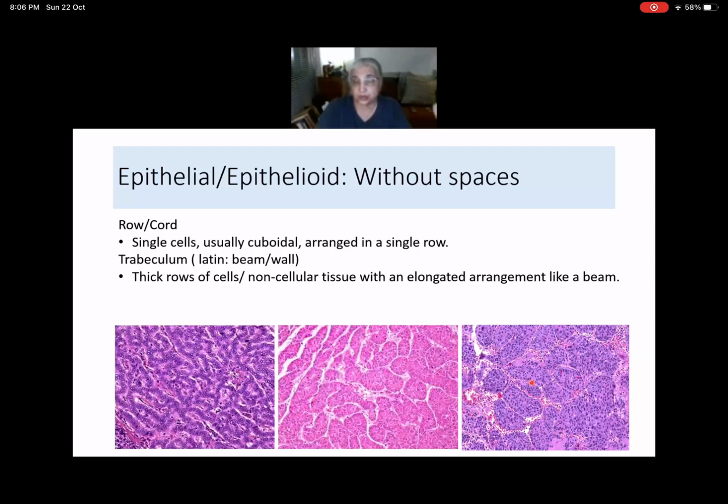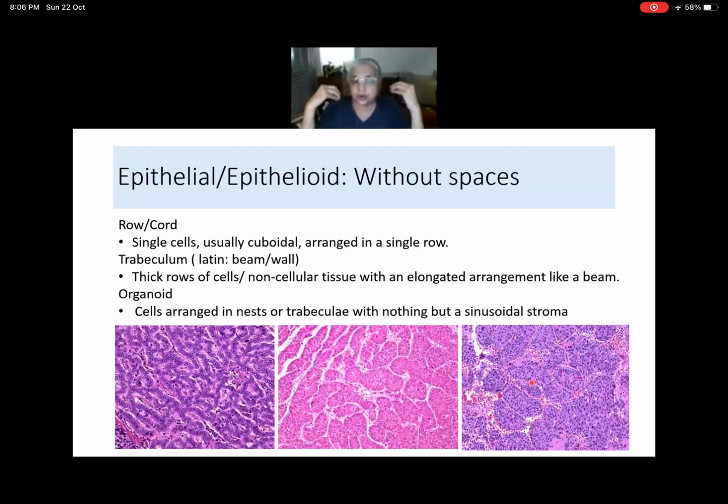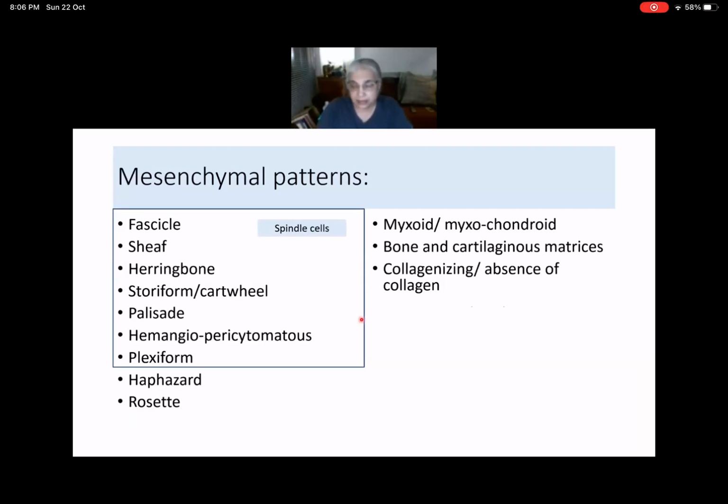And here you see that there is nothing but a sinusoidal stroma. So you have these groups of cells, nests of cells with only sinusoidal stroma, and that's very loosely called an organoid pattern. Nests or trabeculae with nothing but a sinusoidal stroma is referred to as an organoid pattern.